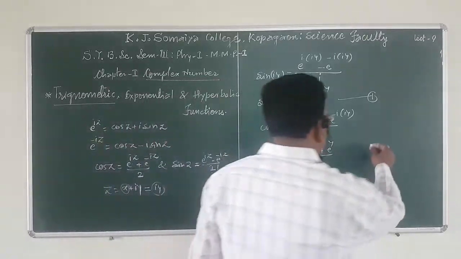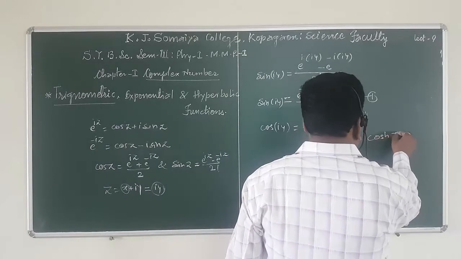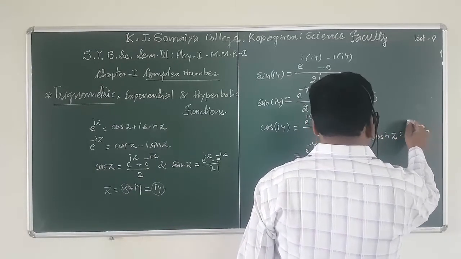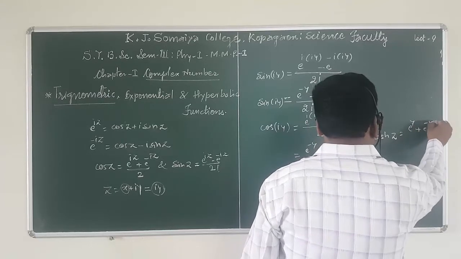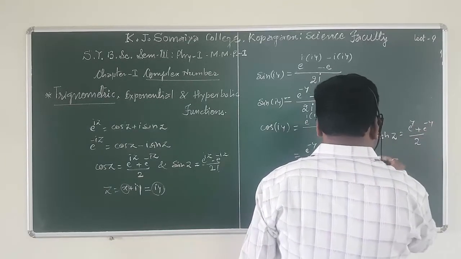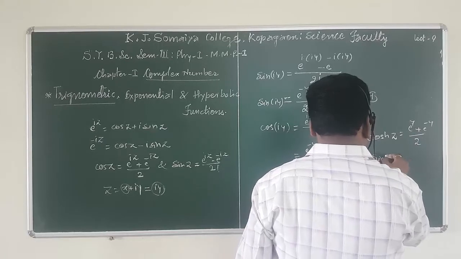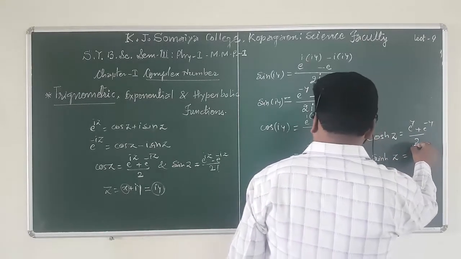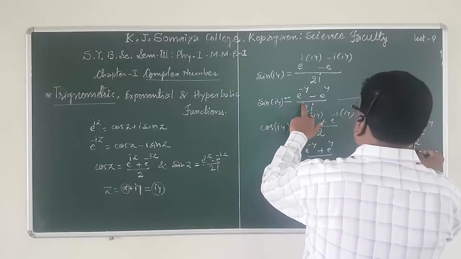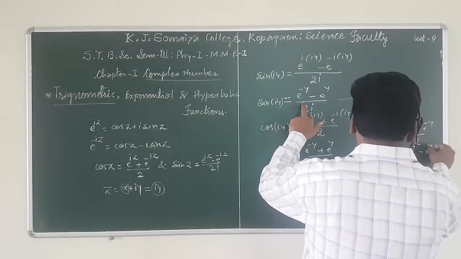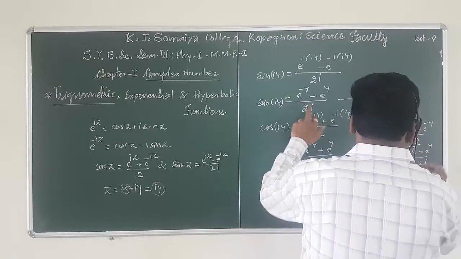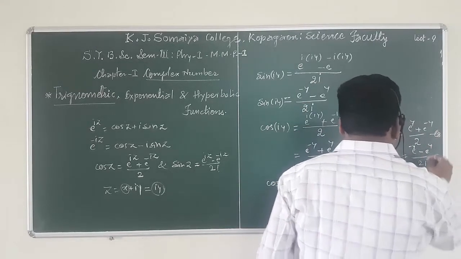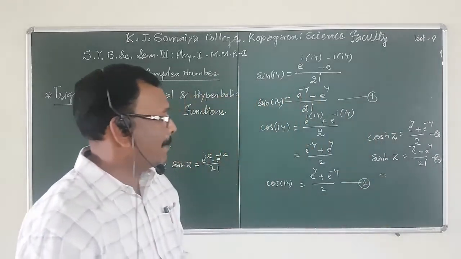Therefore, we can write cosh y is equal to e raised to y plus e raised to minus y upon 2, and sinh y is equal to e raised to y minus e raised to minus y upon 2. This is 3 and this is 4. These are the hyperbolic functions.